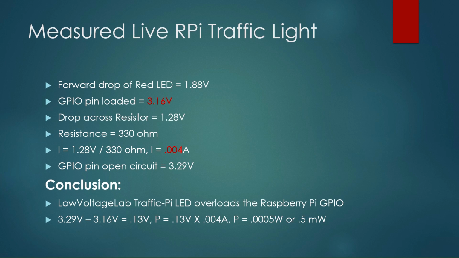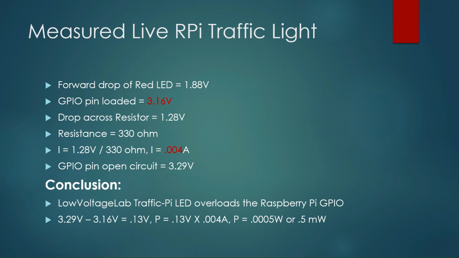Now, the measured resistance of the resistor on the RPI traffic light was 330 ohms. So if we work our Ohm's law, solving for current, we get 1.28 volts divided by 330 ohms gives us a current of 4 milliamps.